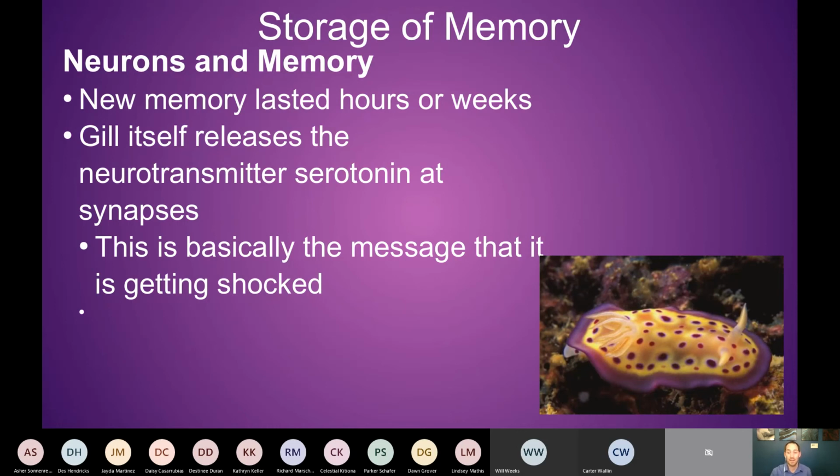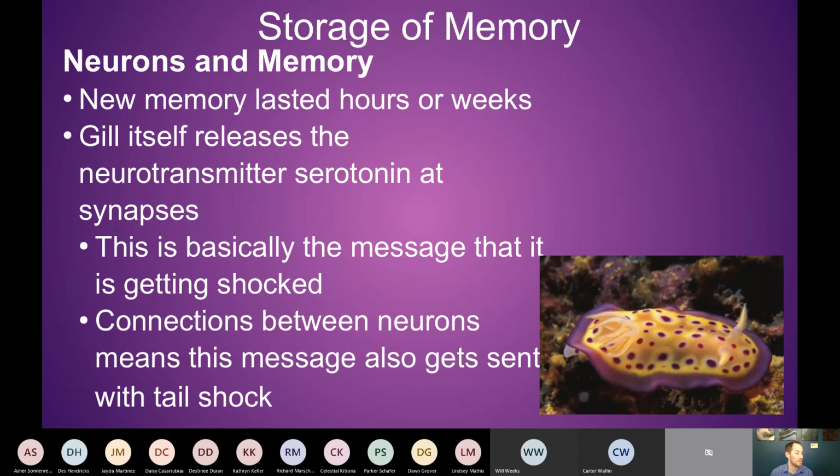It's making a new memory because of learning that new response. And we can actually map that in these sea slugs. So that connection between the neurons in the tail and the gill means that with the tail being shocked, it's also activating other parts of that neural network when the rest of it is getting activated. So that's kind of what happens with memories.